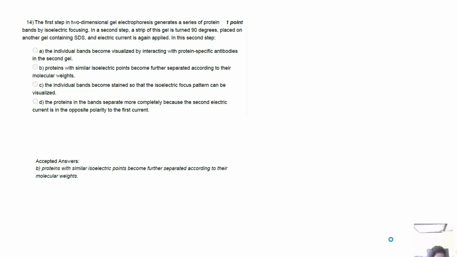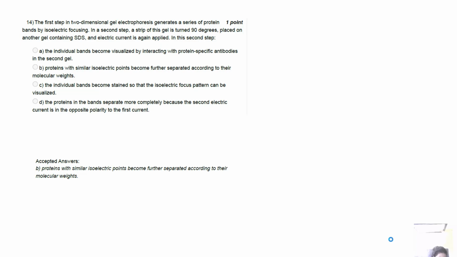Each protein migrates until it reaches the point where its net charge is 0, its isoelectric point, that is pI. The result is a series of protein bands or spots distributed along the pH gradient. At pI, the protein has no net charge, so the migration stops. Step 2 is SDS-PAGE, separation by molecular weight. The IEF strip from step 1 is equilibrated with SDS, which denatures proteins and gives them a uniform negative charge.